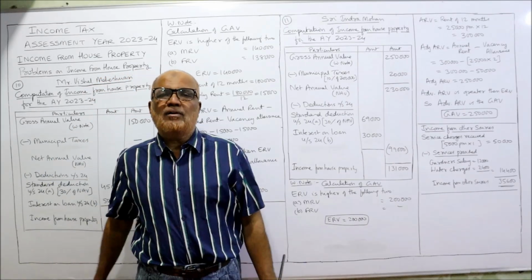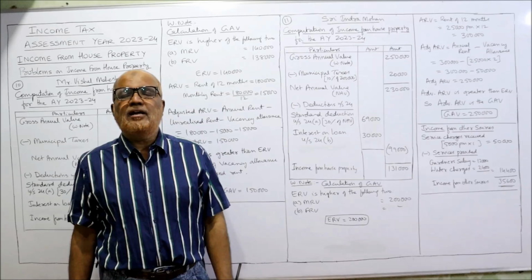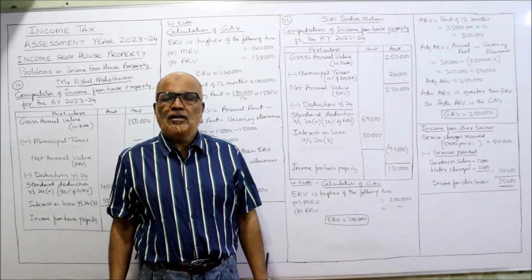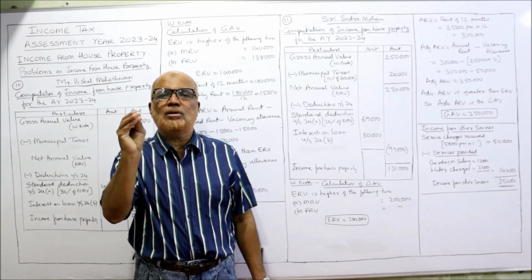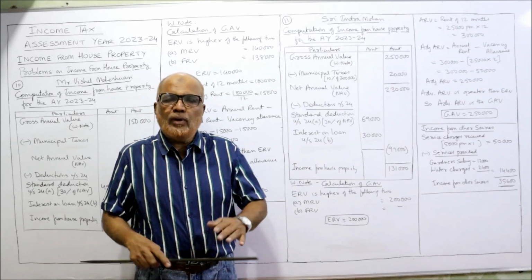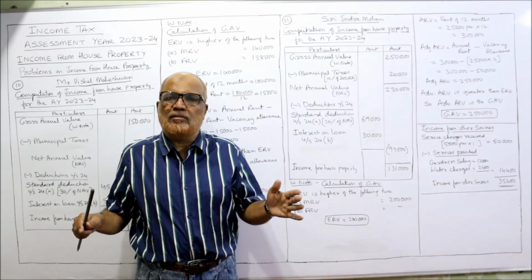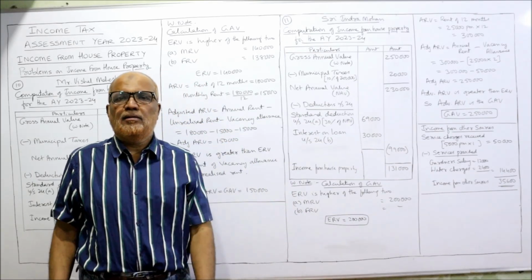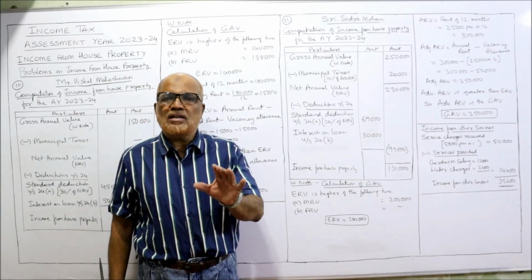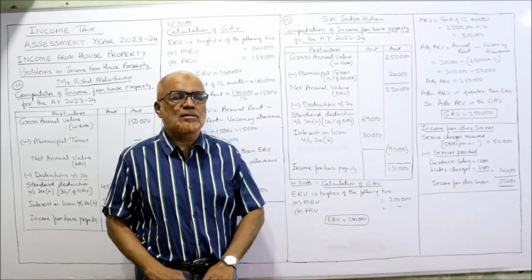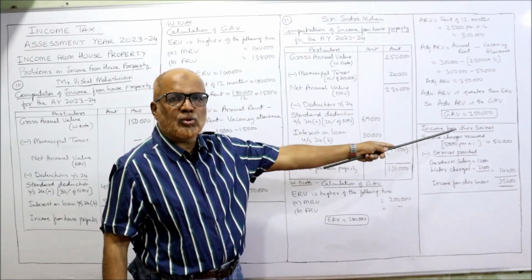Now, apart from income from house property, he is having income from other sources. The owner of the house is taking service charges of 5,000 per month. So during the whole year of 12 months, 2 months vacant, that means service charges the owner will not get. So service charges are received only for 10 months. So here, income from other sources.